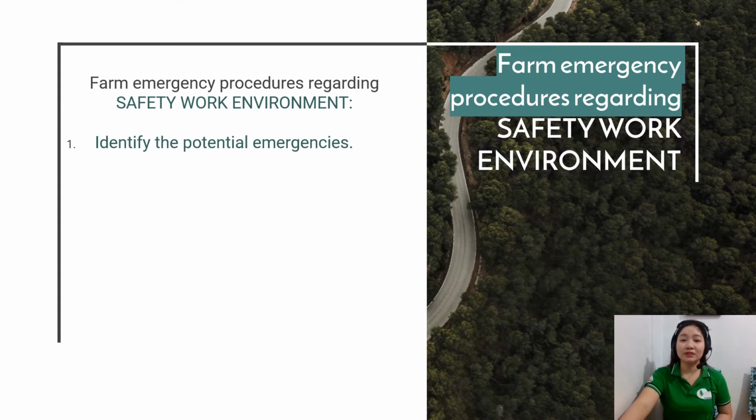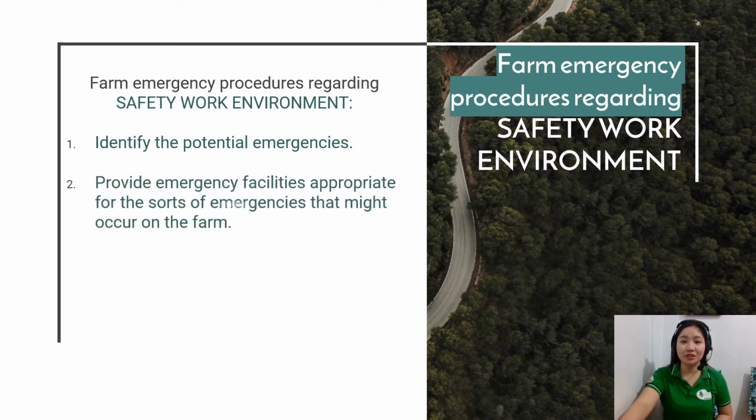Second, we have to provide emergency facilities appropriate for the sort of emergencies that might occur on the farm. For example, we have deluge showers, eye washers, firefighting equipment, and first aid kits.